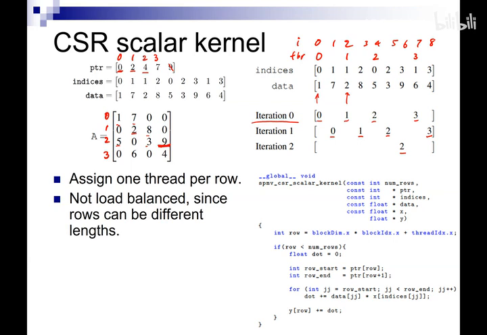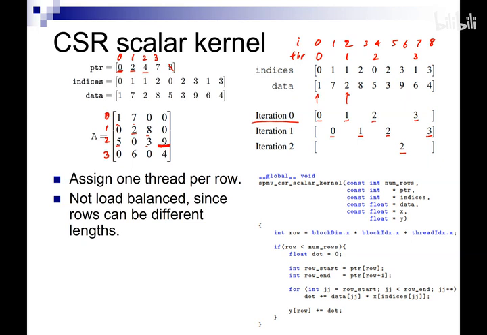You could have some rows that have, let's say, one non-zero, or other rows that have 1,000,000 non-zeros. If you have a web matrix, the number of non-zeros represents something like the number of websites that some website connects to.